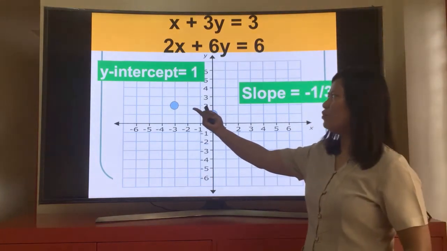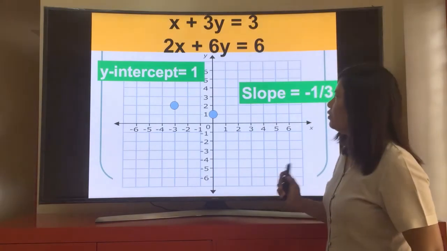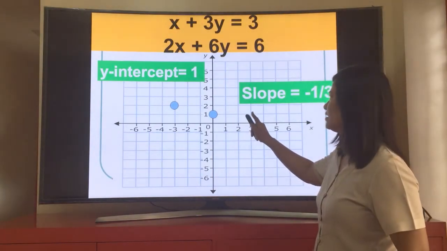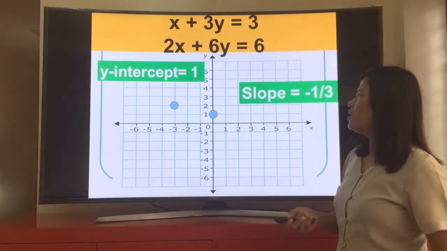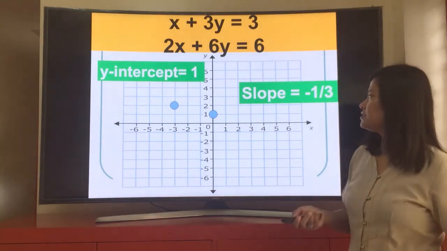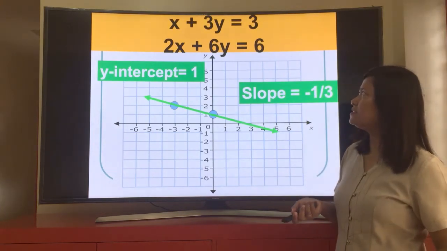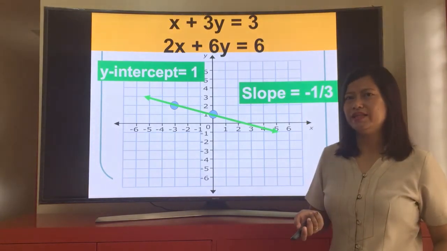So here is our point. Or we can also go 3 units to the right and 1 unit down. Connecting the 2 points, we have here the graph of x plus 3y is equal to 3.